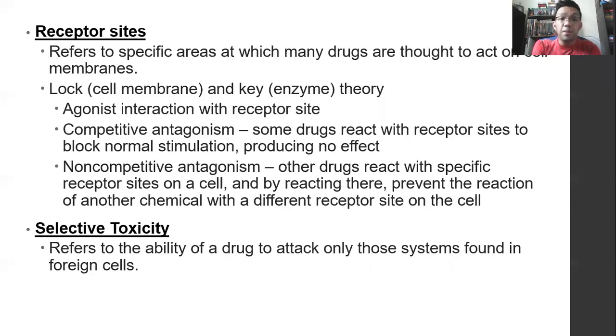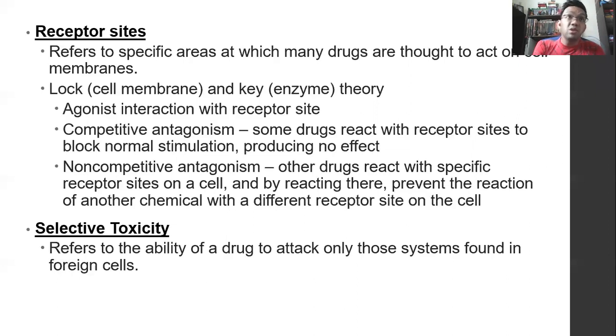Another is non-competitive antagonism, where other drugs react with specific receptor sites on the cell, and by reacting there, prevent the reaction of another chemical with a different receptor site on the cell. In non-competitive antagonism, there are drugs that will react to certain or specific receptor sites.